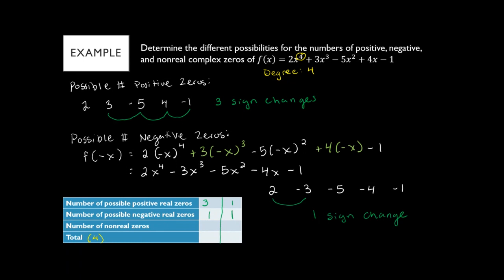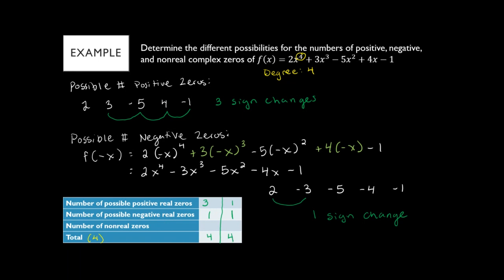And since it's the same number, this tells us we have to have one negative real zero. So one of the zeros must be negative. As far as positive goes, we could have 3 or we could have 1. So once I fill this out, then I look at the total. The total has to be 4, because that's the degree.